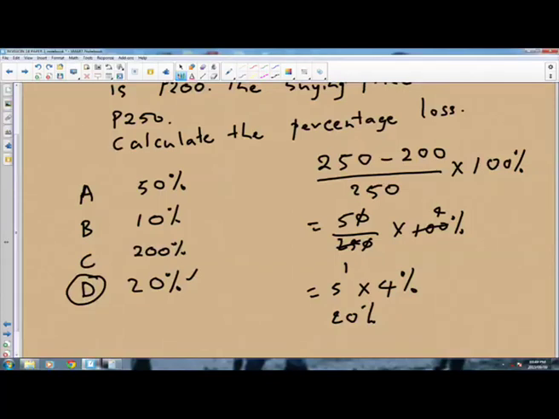According to this question, the selling price is 200 pula, and then the buying price is 250. So you simply subtract 200 pula from 250, then divide by the original price or the buying price. In this case, the buying price is 250. So this simply means it's 50 divided by 250 multiplying 100%, and we got 20%. This is how we work these questions out.